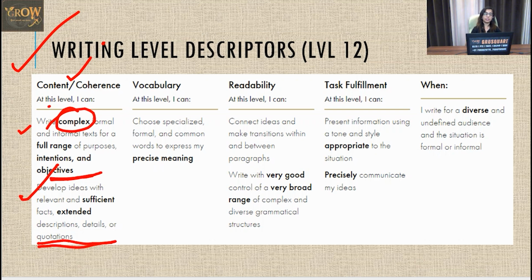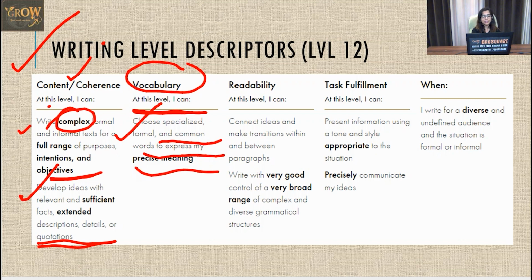No matter whether it is writing or speaking, we need to explain the reasons, logical reasons I would say. Then only you're going to get good scores. Now second is vocabulary. At this level, if you want to score 12 out of 12 in CELPIP, yes, it is possible, but you need to choose specialized, formal and common words to express precise meaning. Uncommon words I would say, right?